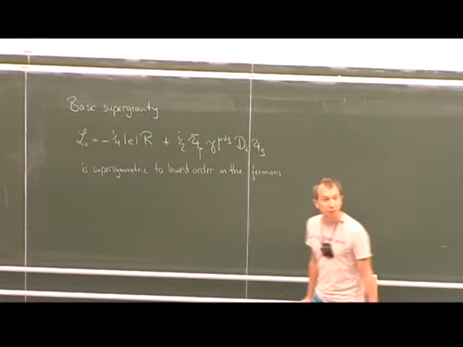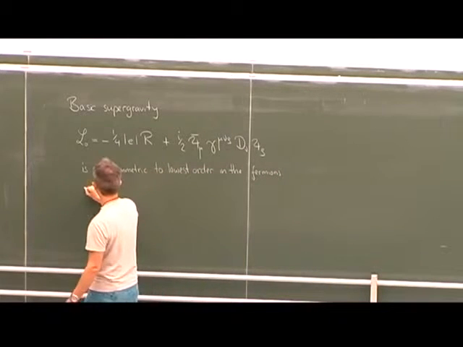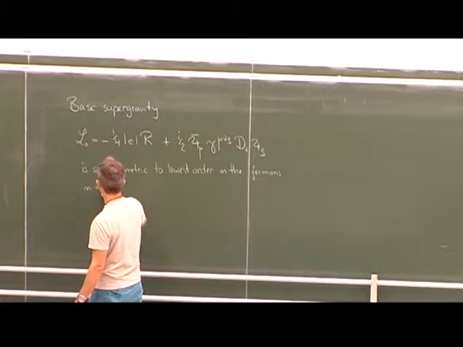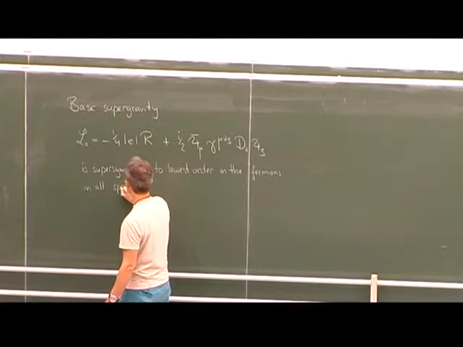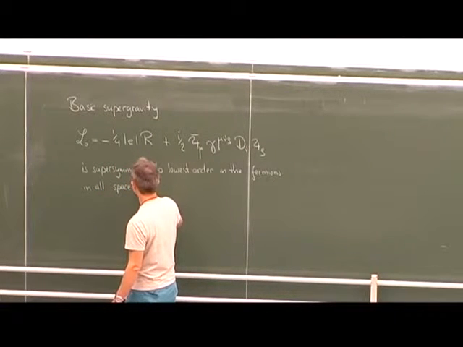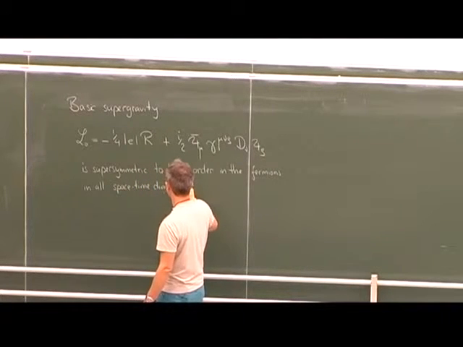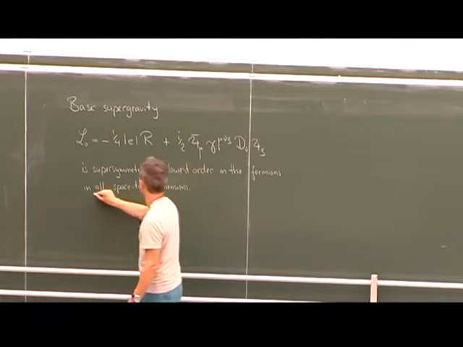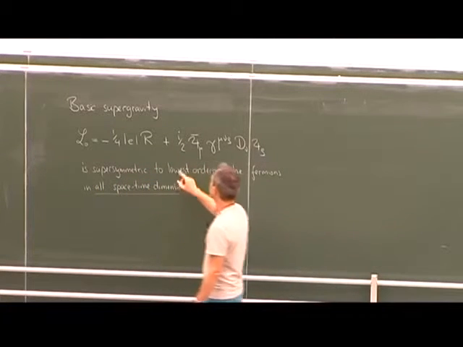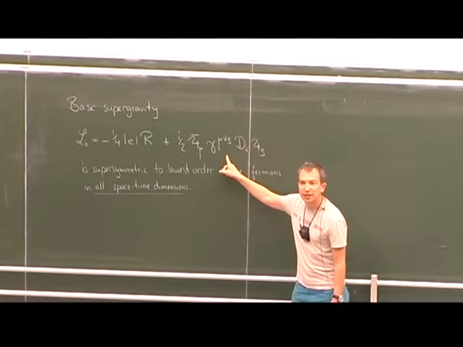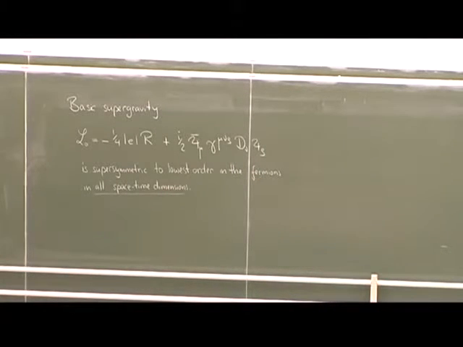And also we saw that this is in fact true in all space-time dimensions. Because in fact we were only using gamma matrix identities which were totally independent of space-time dimension 4.